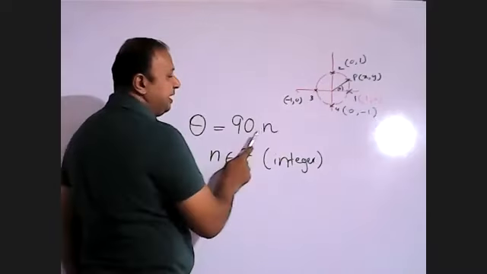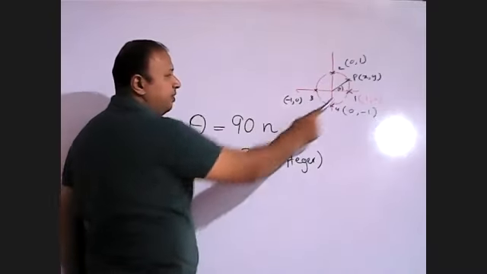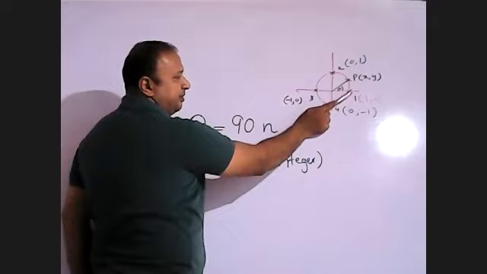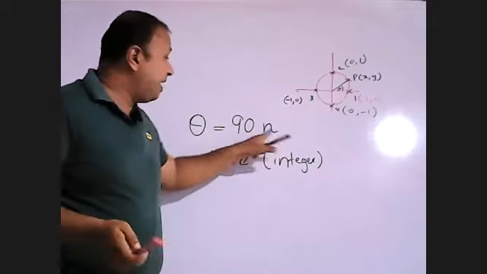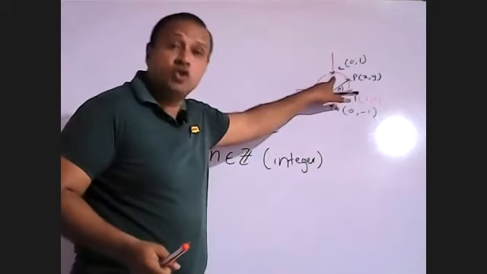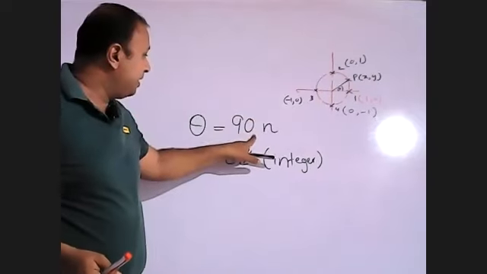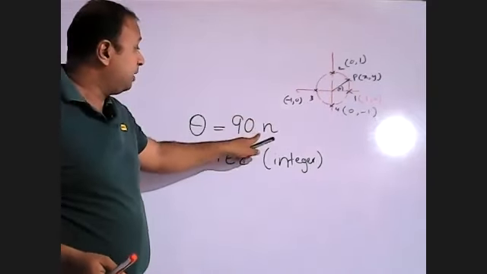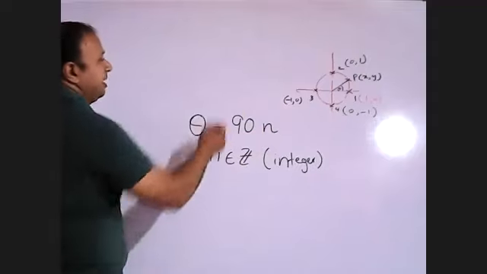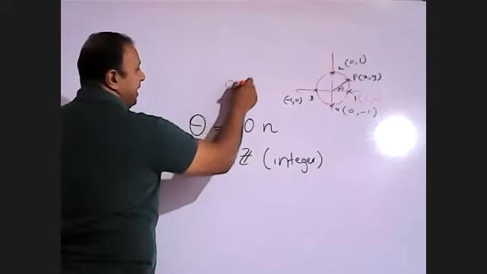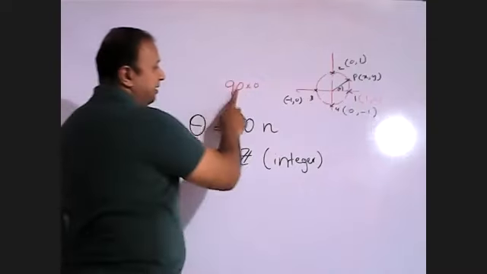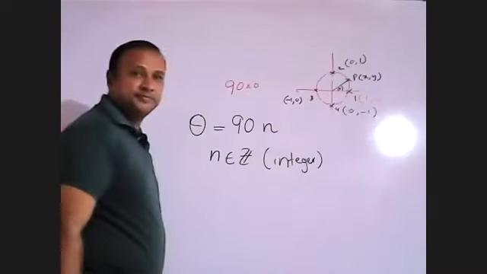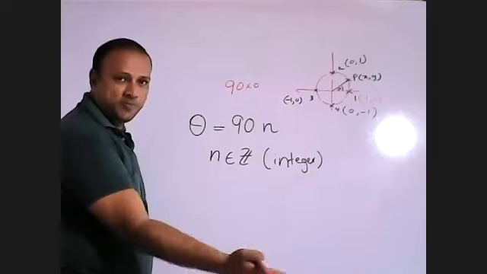If I multiply 90 by 0, the angle is 0, which is related to point 1.